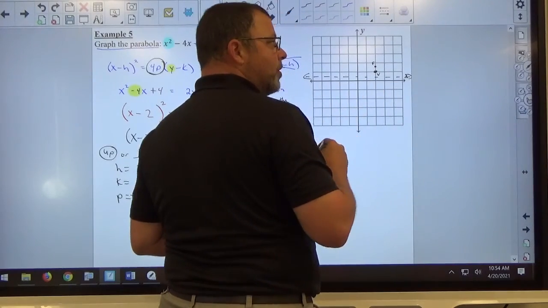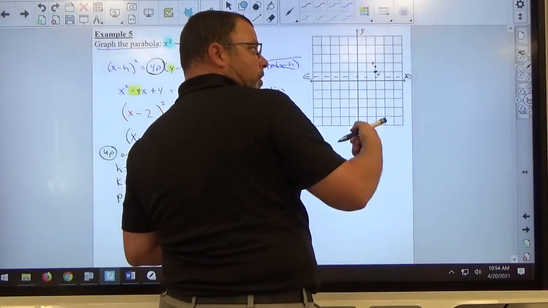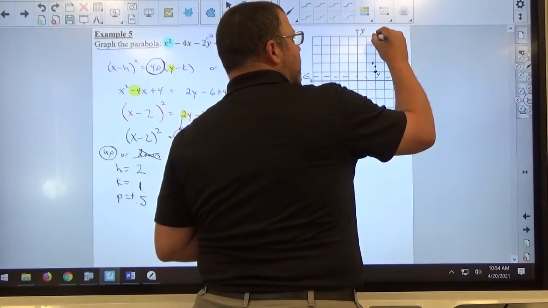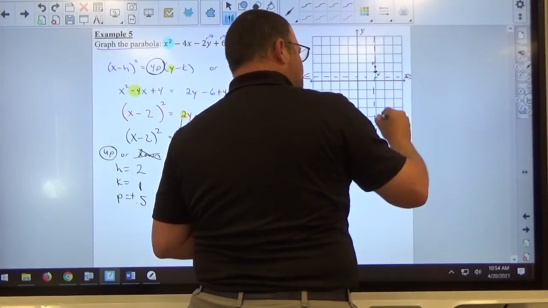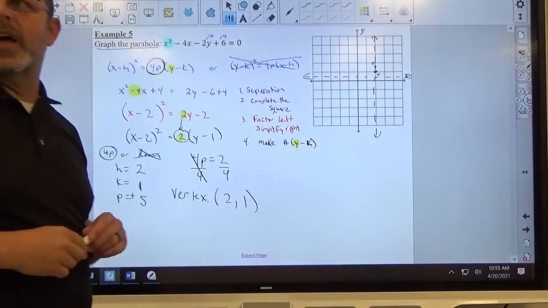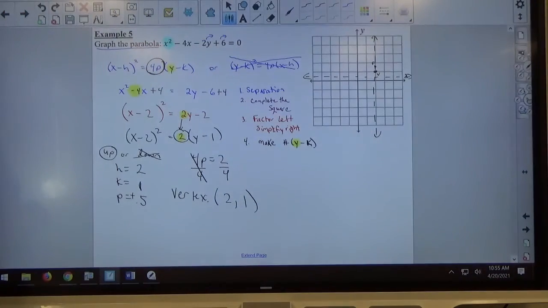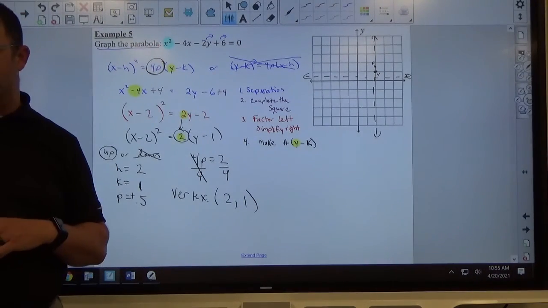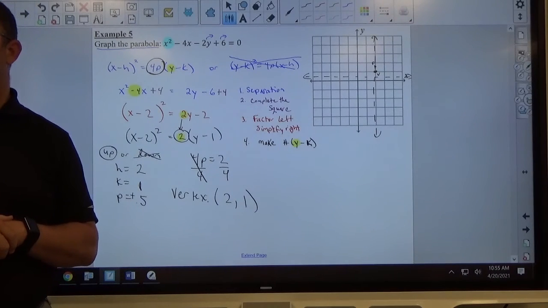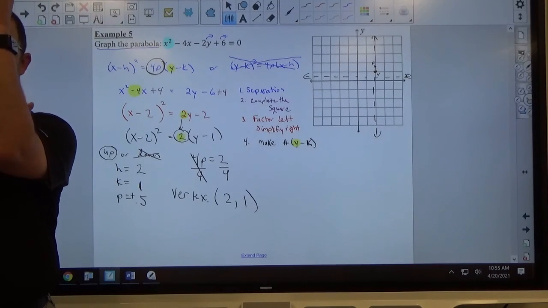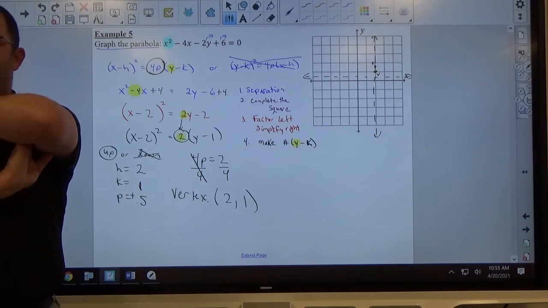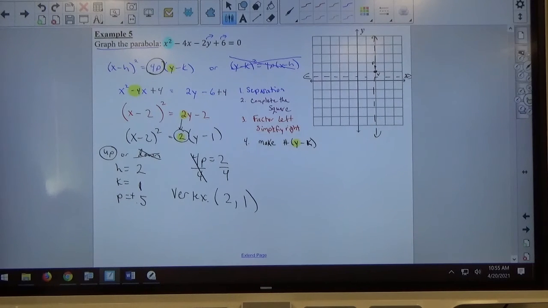The axis of symmetry will be vertical because it passes through the focus and vertex. So if you're not sure about the direction of these, just always get the axis of symmetry. Once you get the focus and vertex plotted, the axis of symmetry goes through those, the directrix goes the other way. So once you see the axis of symmetry is up and down, that means the directrix has to be left and right.